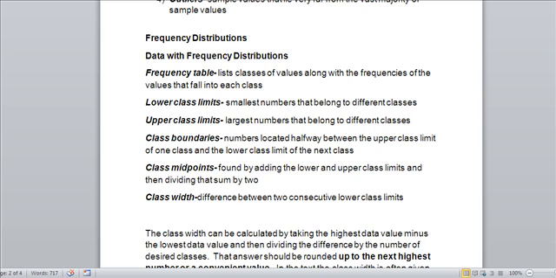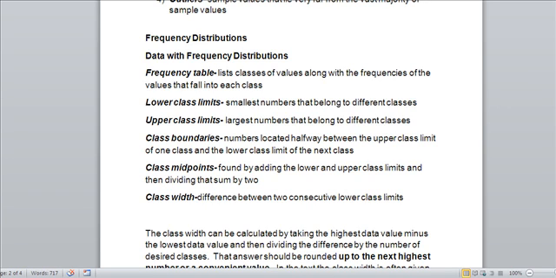A frequency table is a table. We have a list of classes of values along with the frequencies of those values that fall into each class. In the classes we have a lower class limit and an upper class limit for each class, so we have a smallest number and a largest number for each class.